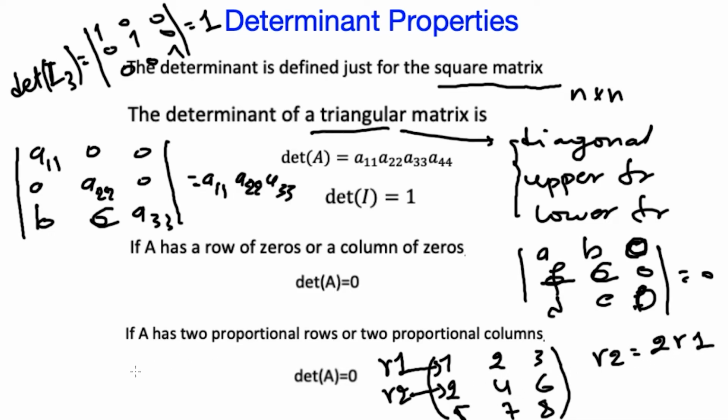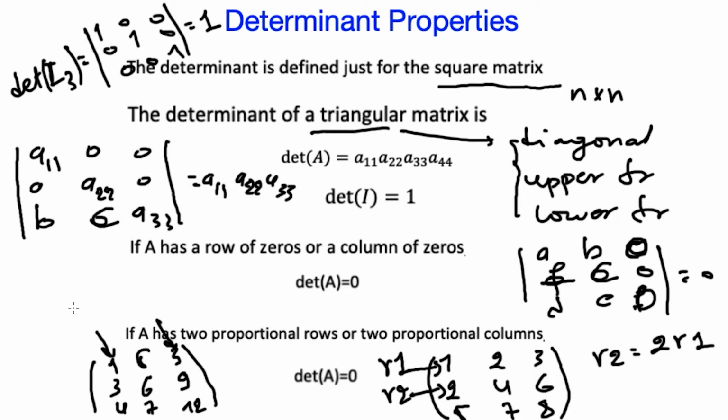It is also true for two proportional columns. If we have a matrix with rows 1 3 4, 5 6 7, and 3 9 12, these two columns, let's call them C1, C2, and C3, are proportional.